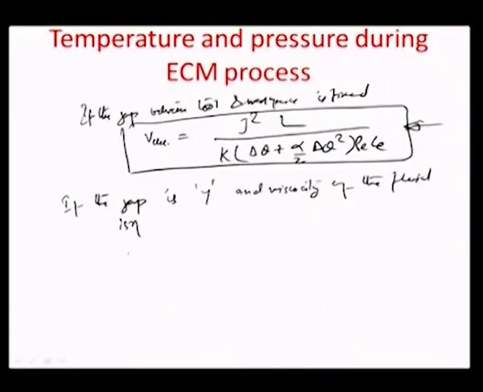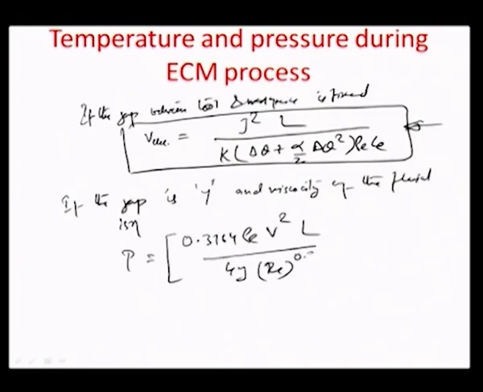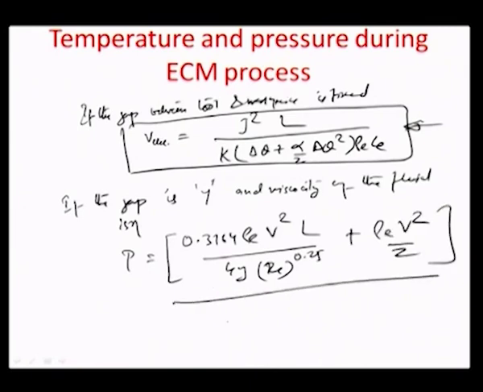So, that pressure, which is given by fluid mechanics, and I am really not going into the details of how this pressure has been obtained, is actually given by 0.3164 rho e square of V times L divided by 4 y Re to the power 0.25 plus rho e v square by 2. As one can realize, the first term is the viscous term.